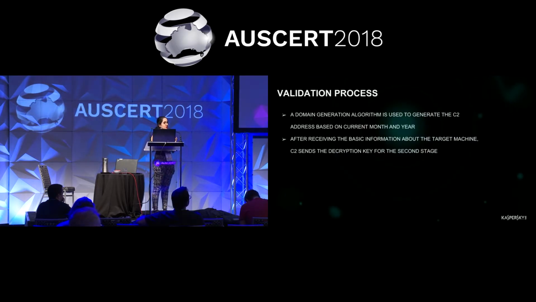So the first stage creates this domain and then contacts the domain and gets the decryption key for the second stage. As I said earlier, we realized that this attack is going on in July.